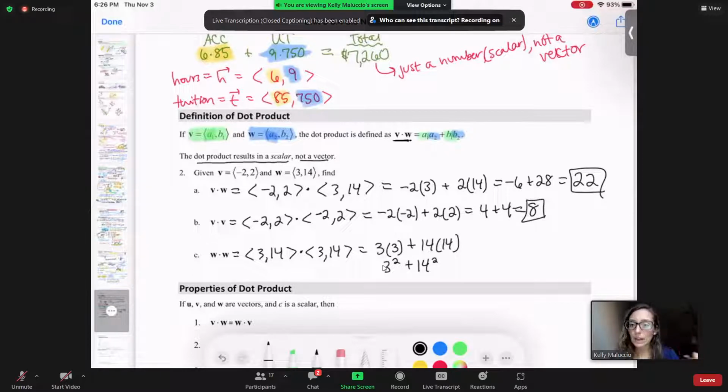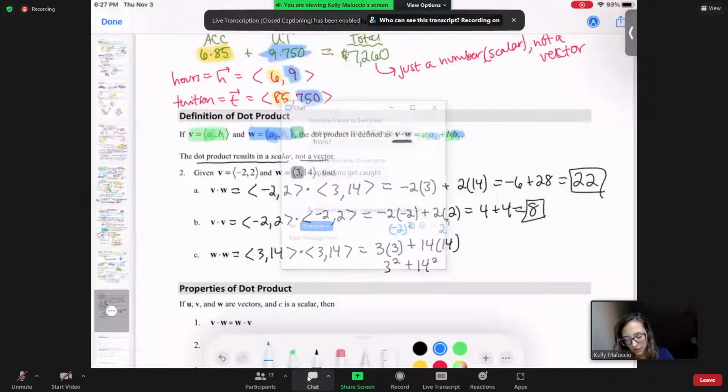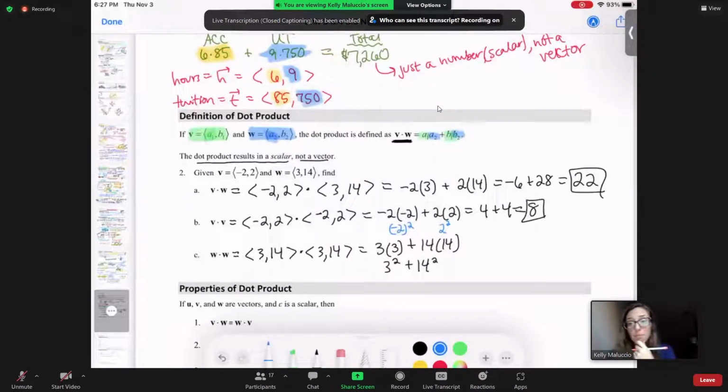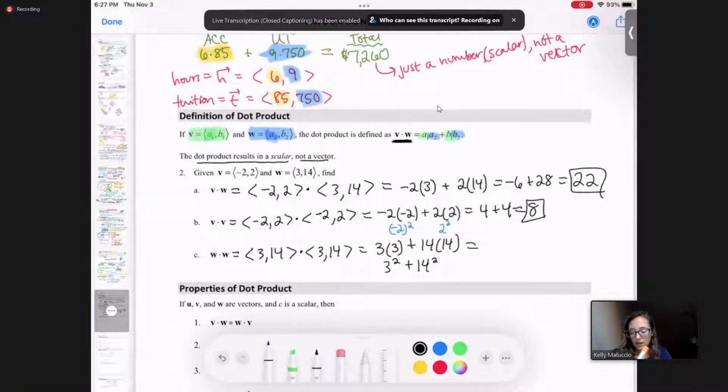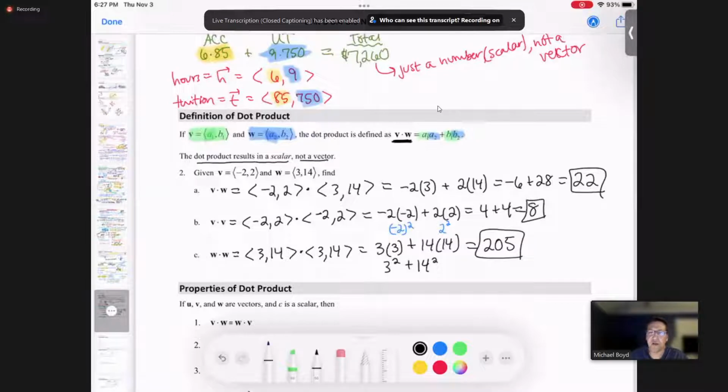But notice, this is why I was struggling thinking about it before: we were multiplying V dot U, but here we're doing W dot W and V dot V. So it's exactly like the magnitude, but not taking the square root. I think it's 205. Yeah, it's like the magnitude squared.